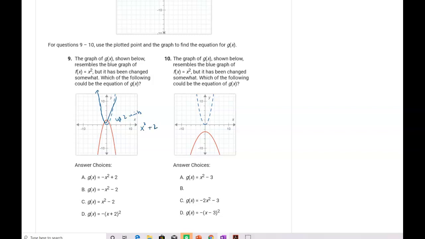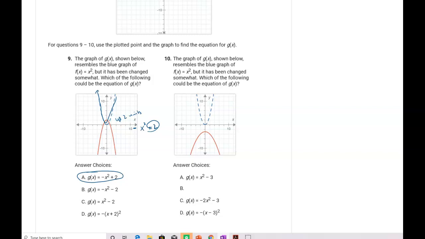But because it flipped, you know the number in front of x squared has to be negative. And did it get wider or narrower? No, it stayed about the same. So right away it flipped, so you know it's negative x squared. Since the vertex went up 2 units, we're going to add it, so you would get choice A.